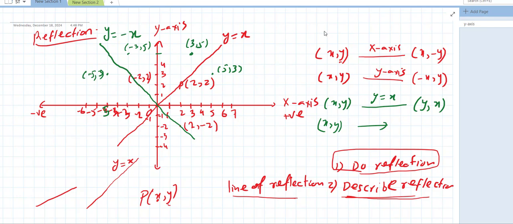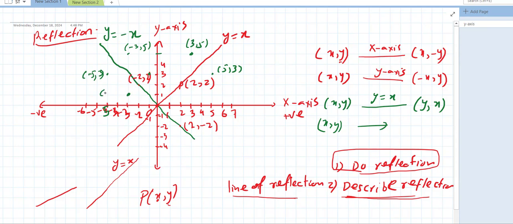So if you notice here, what happened? The 5 came here, the 3 came here. Okay. So in such situation, for example, let's say you have a point here. After reflection, the point will appear here. Accordingly, after reflection in this line, this was minus 3, 1, so it will become 3 minus 1.